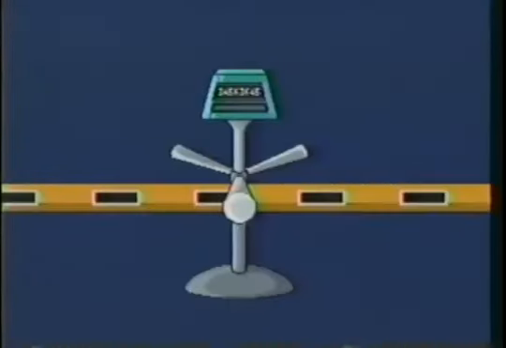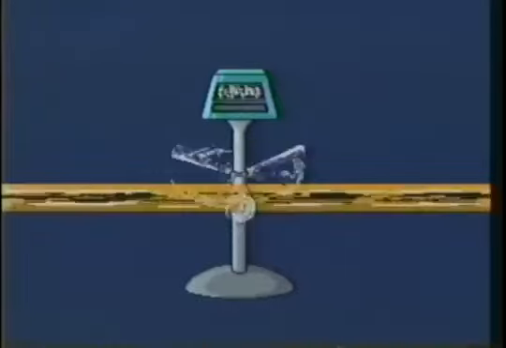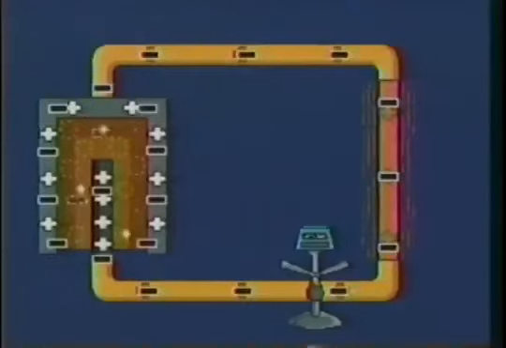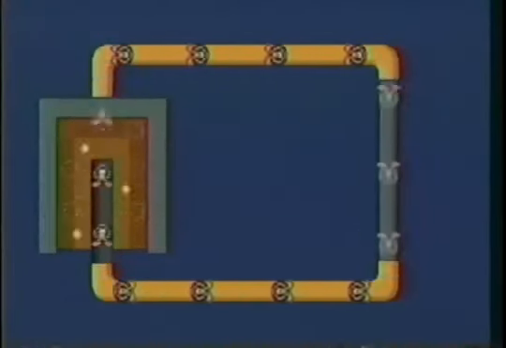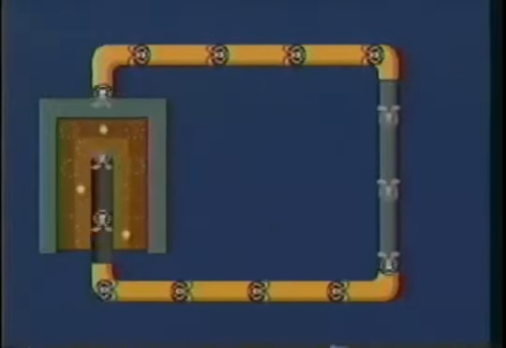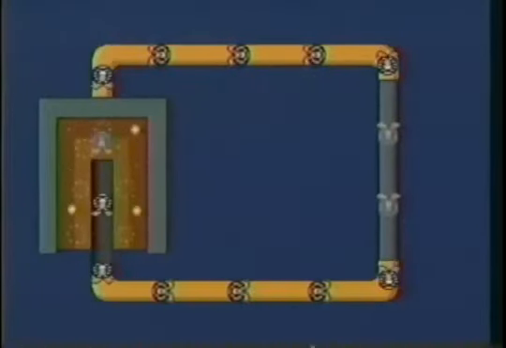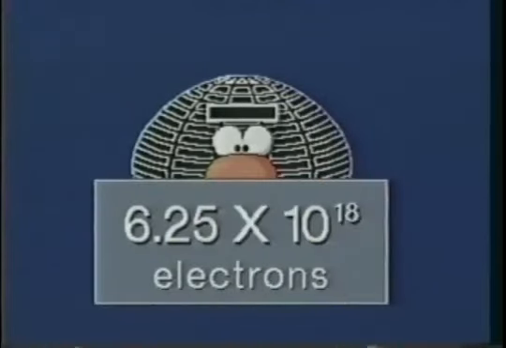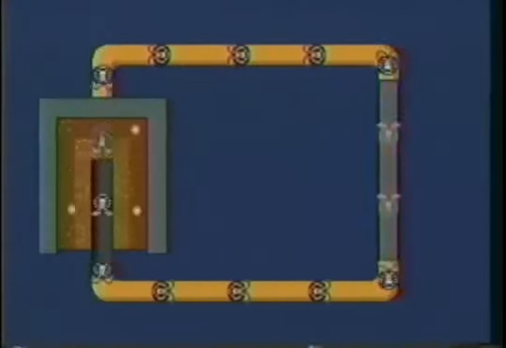In a circuit, incredibly large numbers of electrons will pass a specific point in a few seconds. It is therefore simpler to visualize charge in units called coulombs. 1 coulomb of negative charge is equivalent to 6.25 times 10 to the power of 18 electrons.